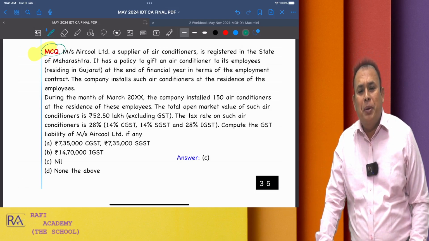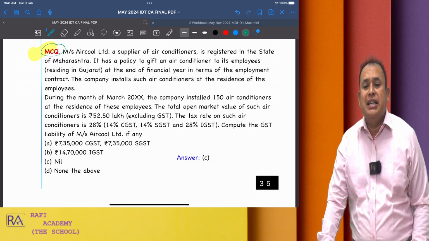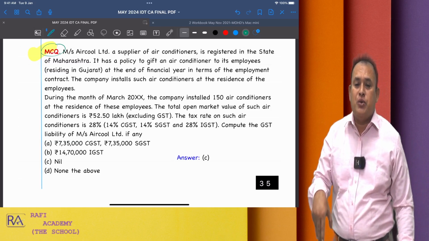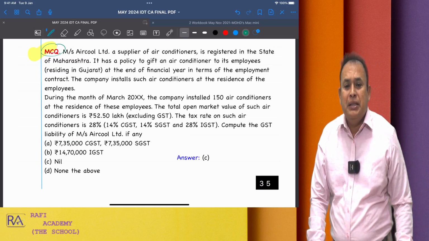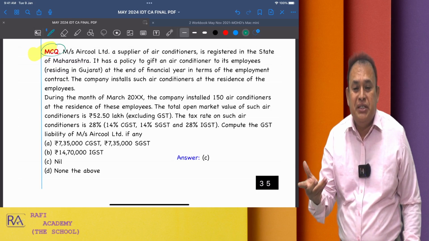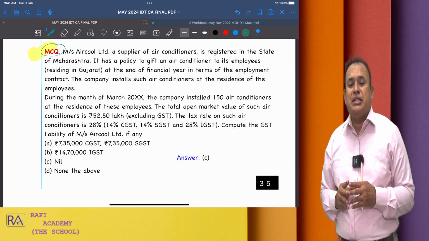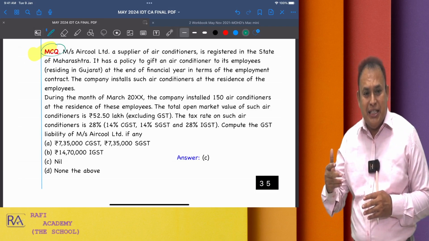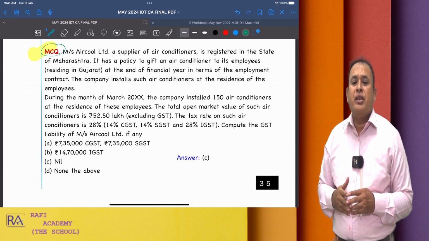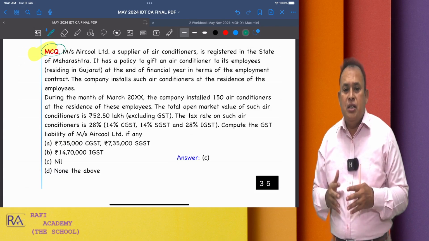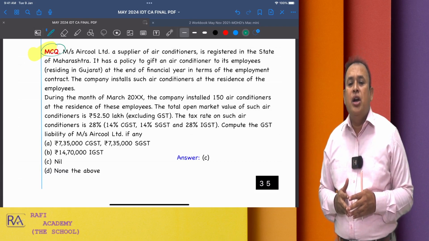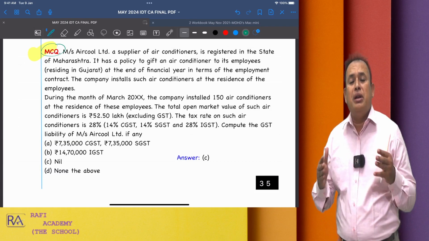The total open market value of such air conditioners is 52,50,000, excluding GST. The tax rate of such air conditioners is 28%, namely 14% CGST, 14% SGST, IGST 28%. Compute the amount of GST liability of Mrs. Air Cool Limited, if any.